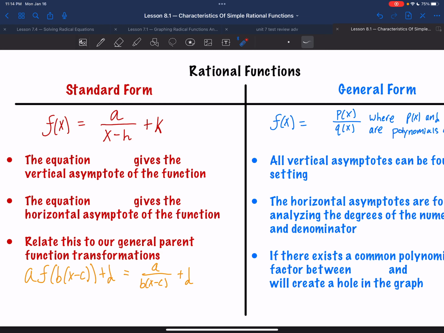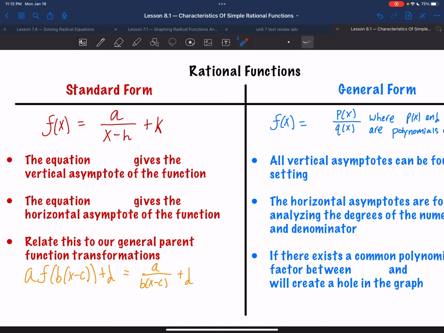A is still the vertical stretch. C is the horizontal shift. D is the vertical shift. The only real difference is that if I'm using my function transformation general form, I have a b value here. The thing about rationals is your a value can cover both.